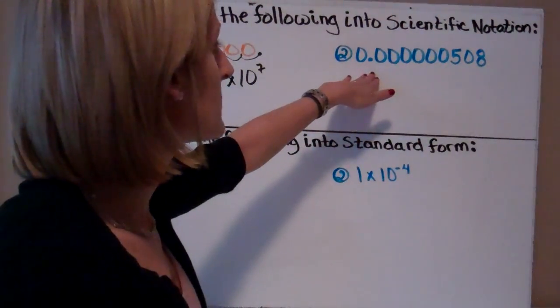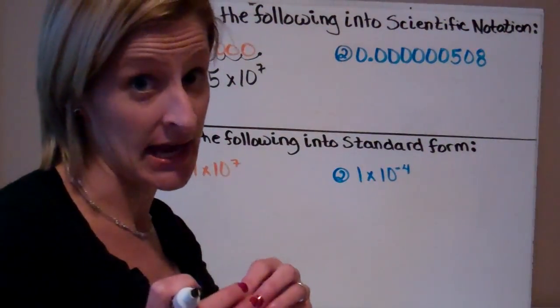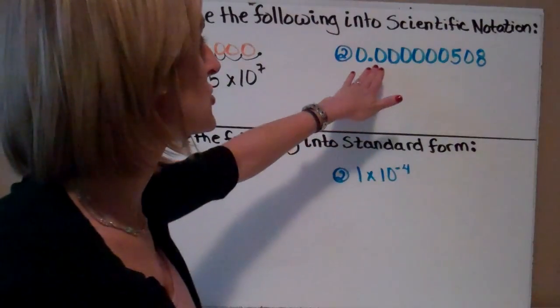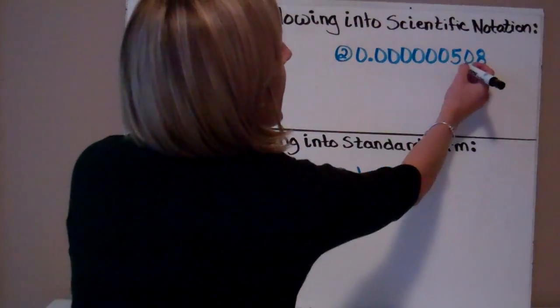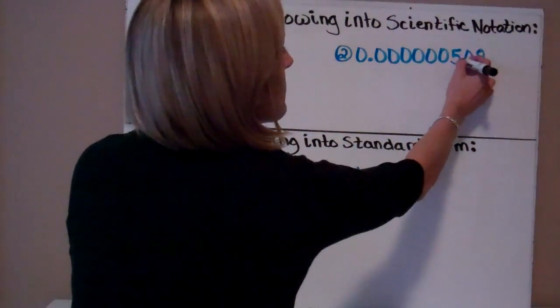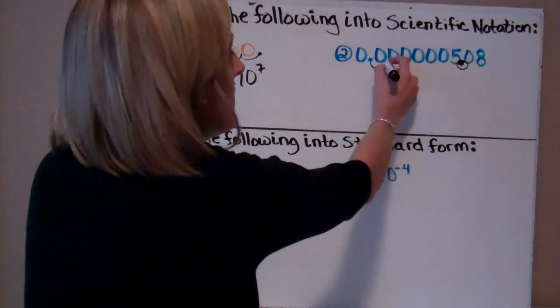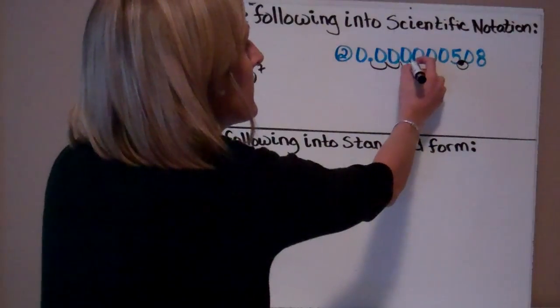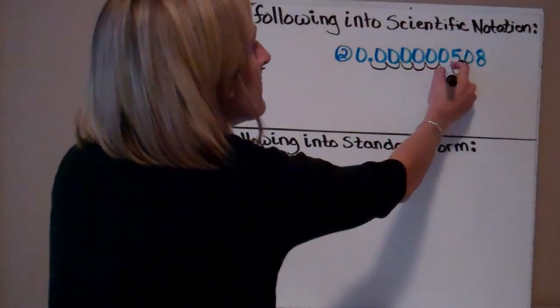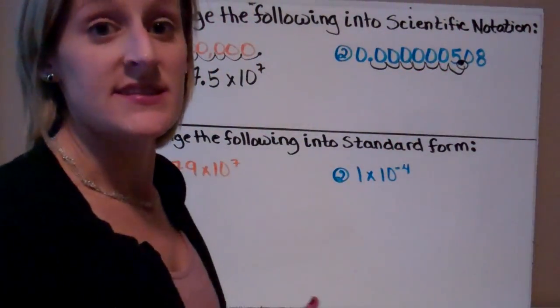Now, let's do this one. This one's a very teeny tiny number. So what I need to do is move this decimal so that I have one counting number in front of it, which is right there. So I'm going to move it 1, 2, 3, 4, 5, 6, 7 places as well.